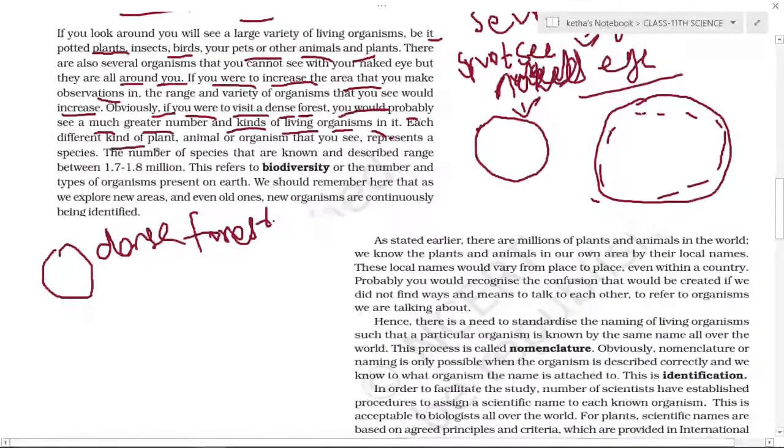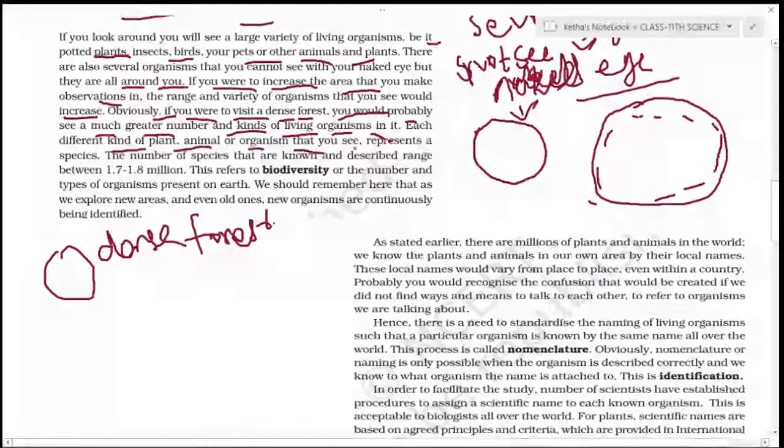Each different kind of plant, animal, or organism that you see represents a species.